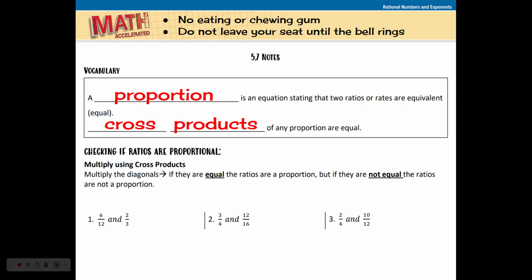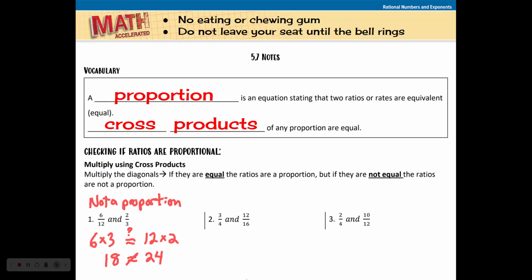Which means, are those cross products equal? So we have 6 times 3. Is that equal to 12 times 2? So 18 does not equal 24, which means those two ratios do not represent a proportion.